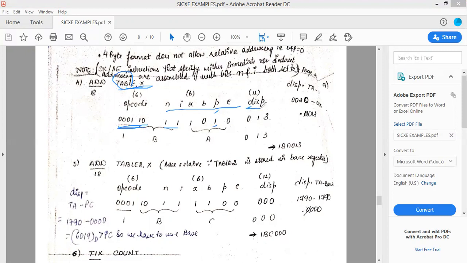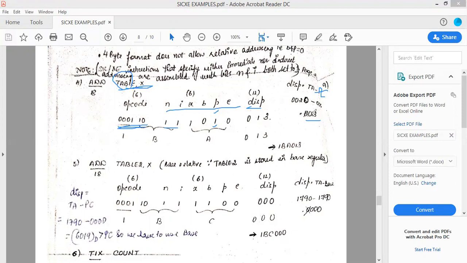And what about displacement? Displacement is going to be TA minus PC. When you do TA minus PC, you get 013. I'll give you an example now with respect to that range I was talking about. 013 is actually a very small number, right?